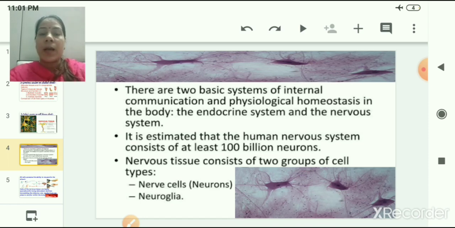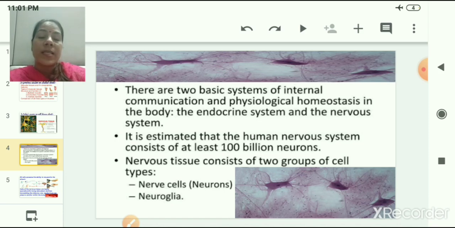That balance can be a balance of temperature, maintaining a particular temperature, or maintaining a particular pH inside the body, which is acidity or basicity in the body. So the body has certain limits and it always tries to maintain those limits of temperature, pH, etc. That condition is called homeostasis.